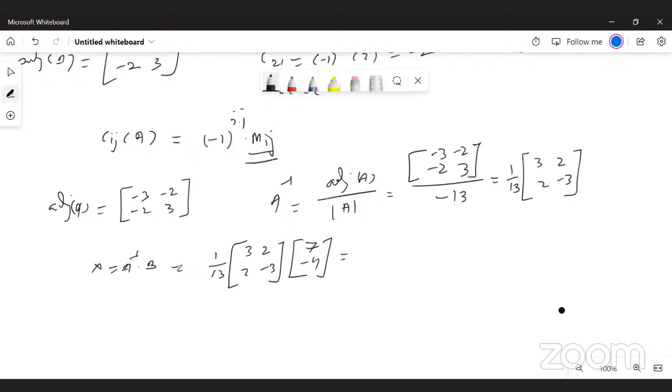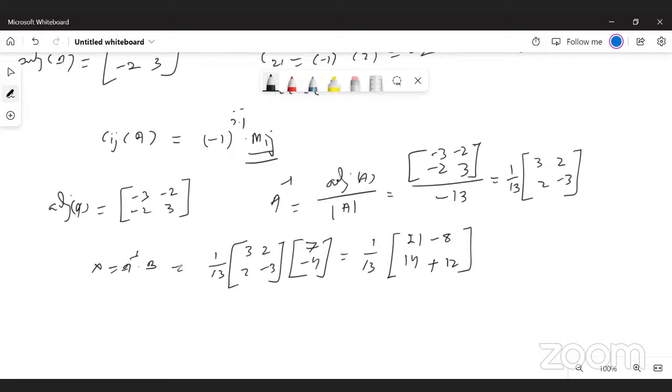While you do that, 1 by 13 is there as such, now row-column multiplication gives 21, then plus of minus is -8, then here comes 14, then plus of 12.